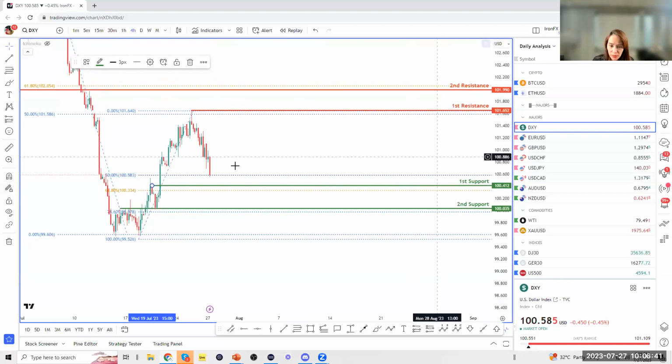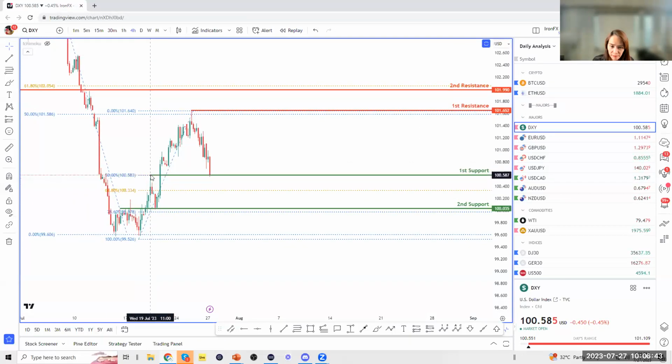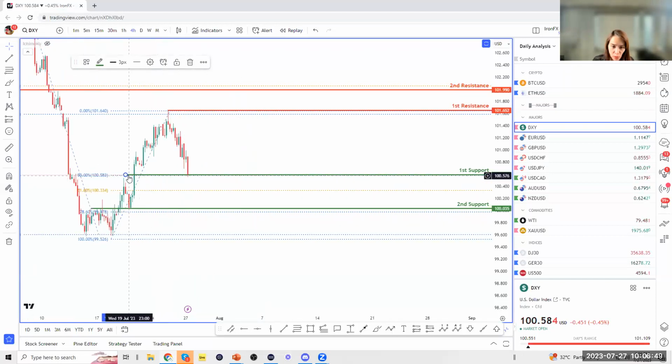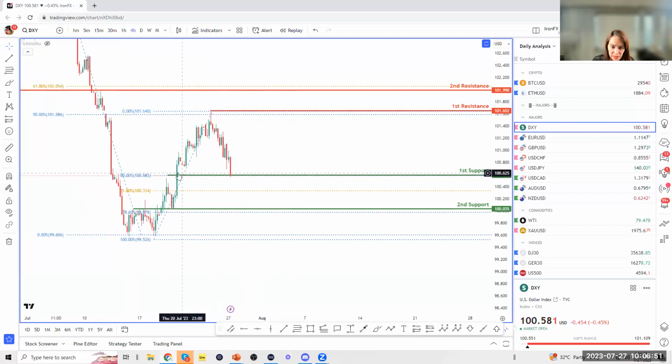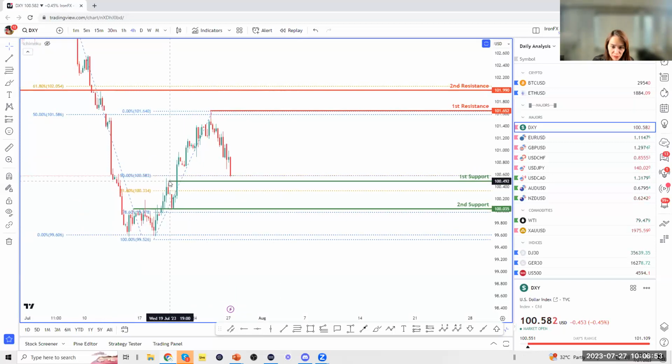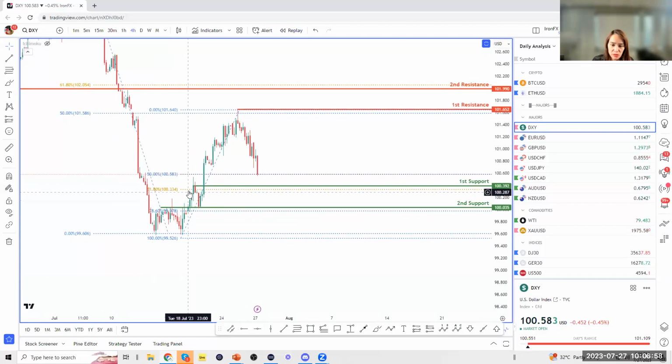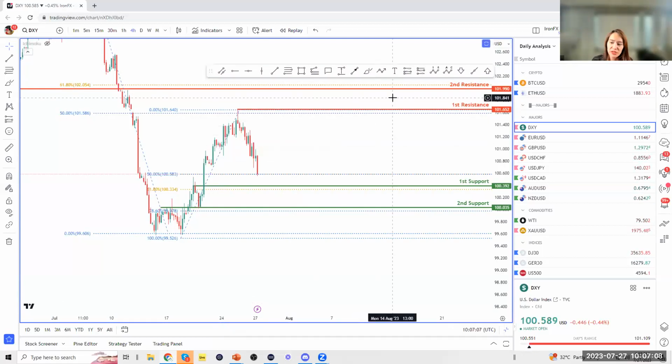So I don't put this as my first support, because it's not a good level for me, based on just one indicator, the Fibonacci 50%. I prefer somewhere here, which used to be the high. Price broke above, and then we see whether price will bounce up at this level for DXY.